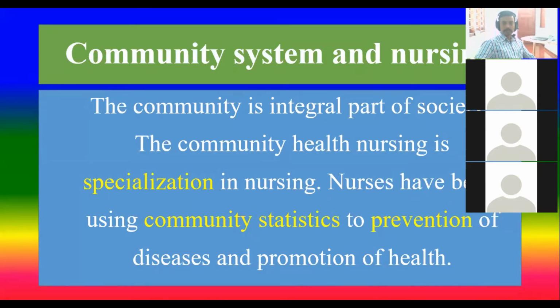Then disease, epidemic and pandemic, and other epidemiological data. Community statistics is essential for prevention of diseases and promotion of health. So community data is used in both clinical nursing and community health nursing, which means clinical setting as well as community setting. Community data is very important.